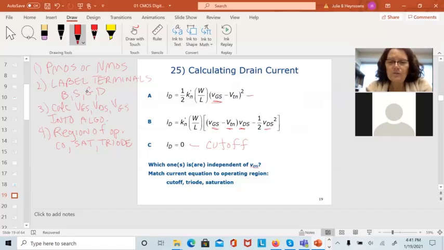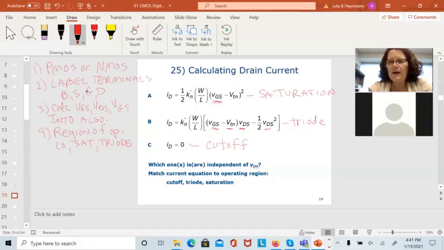If it's in saturation, I use this current equation. And if it's in triode, I use this current equation. Now, what happens at the boundary between saturation and triode, when VDS equals VGS minus VT?